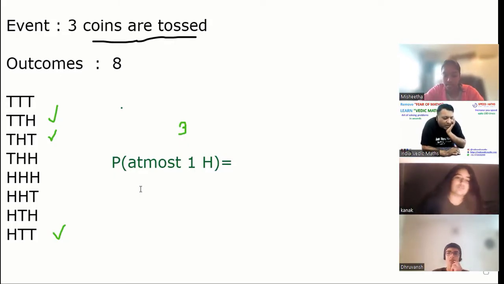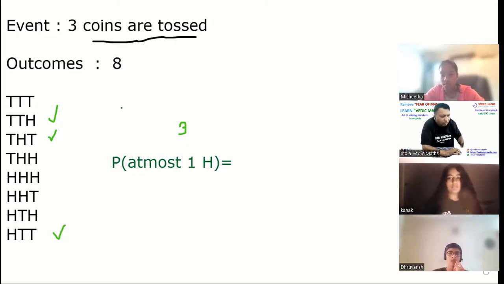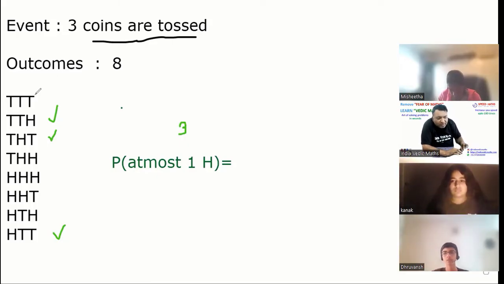Vedant, what is your answer and how? Okay, so I did the process of elimination. The first one, there's no heads. So TTT is favorable or not? At most one head means what? Either we need one head or zero head, right? This is zero head, so it is favorable.